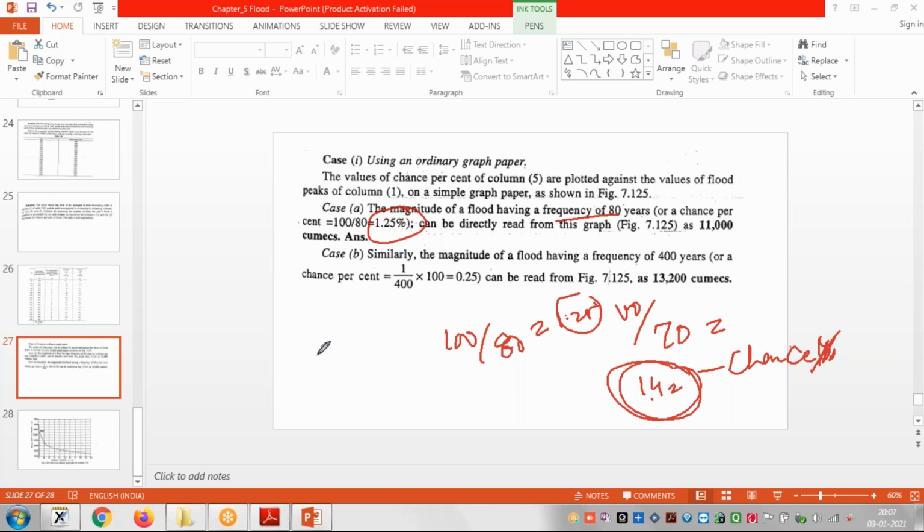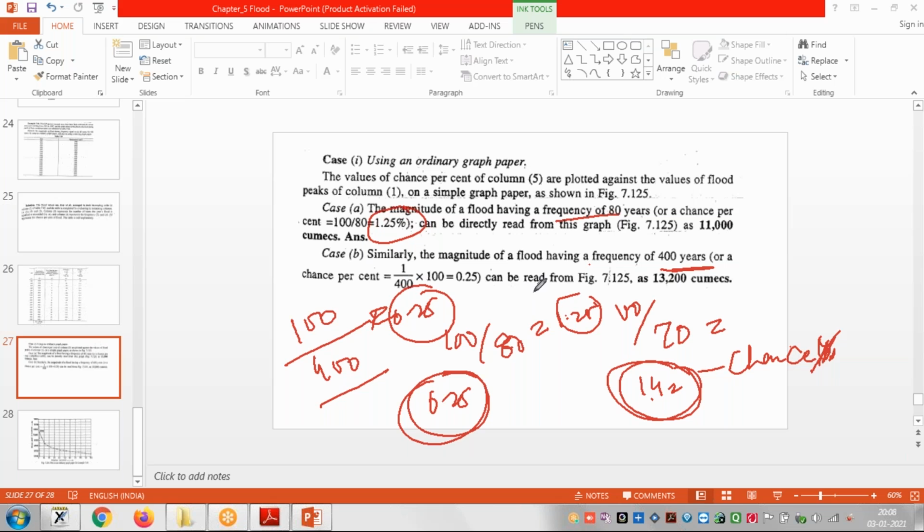Similarly, if somebody says a frequency of 400 years, the flood which can come after 400 years, what is the chance? They do 100 divided by 400 and get 0.25. The chance is only 0.25. Where does 0.25 come in the graph?